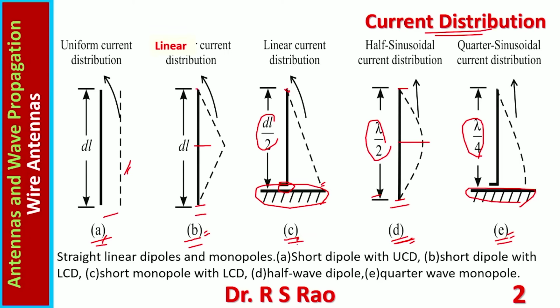Whereas in case of structures shown in C and E, monopoles, radiation exists only in the upper hemispherical part. There exists no radiation in the lower hemispherical region. No radiation below the ground plane. Radiation exists only above the ground plane.